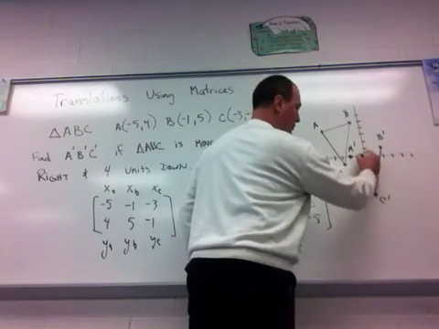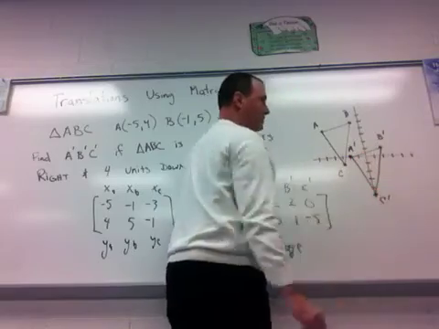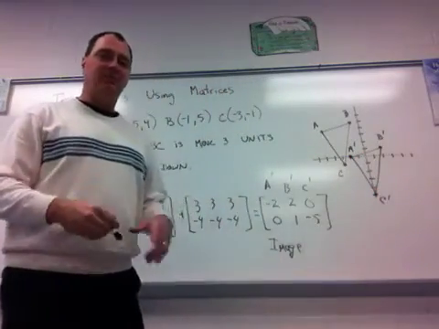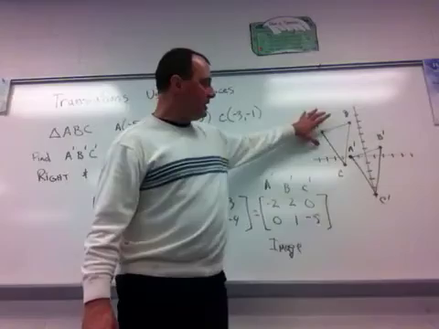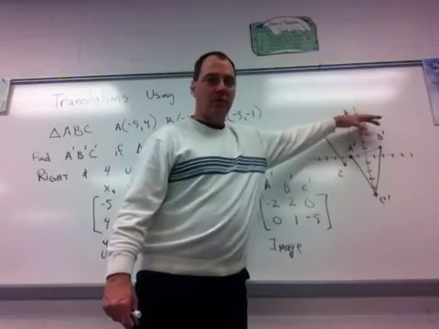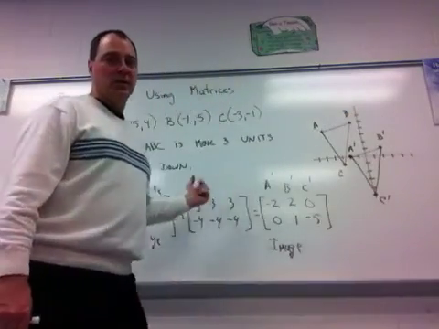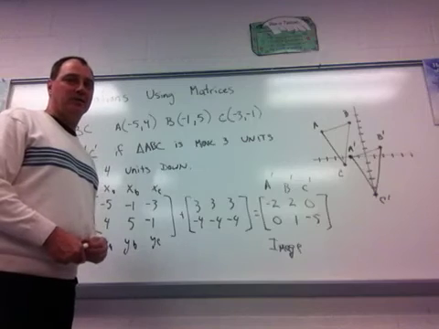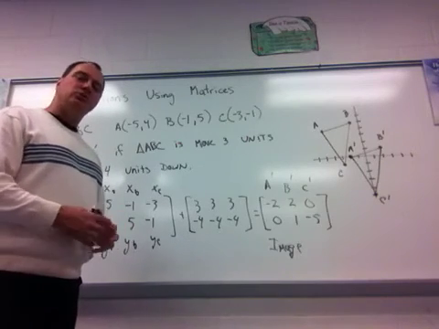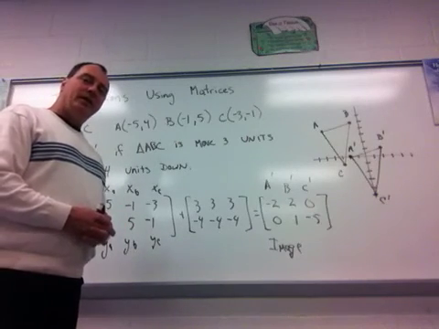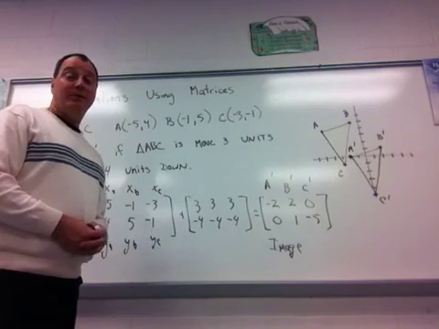And if I connect those, and I realize I'm using freehand, but you can get the idea that this thing now is moved over 3 and down 4 units, just like our problem asked us to do. It's pretty simple. You just use matrix addition, and I hope that this helped you out.